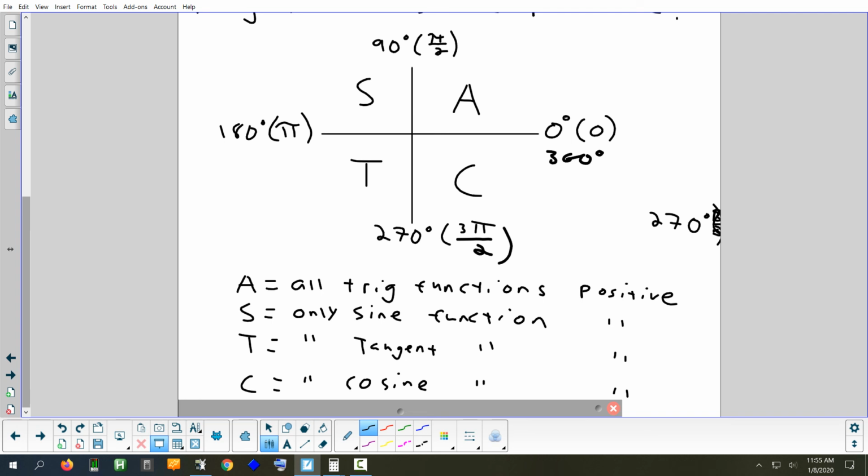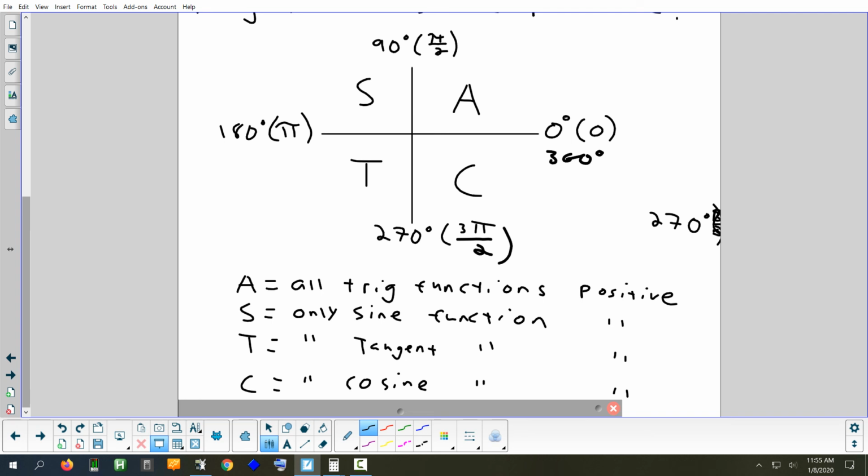If you take the sine of a number between 270 and 360, it's going to come out negative. If you take the cosine, that's what the C stands for, positive. Okay? Cosine would come out positive. Tangent would come out negative. Okay? So ASTC. All the trig functions are positive, just sine, just tangent, just cosine.